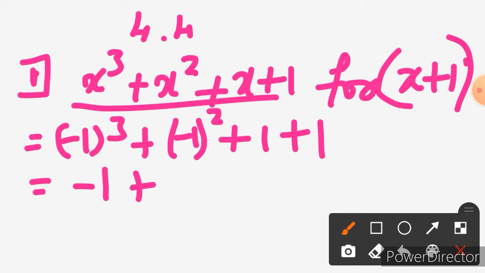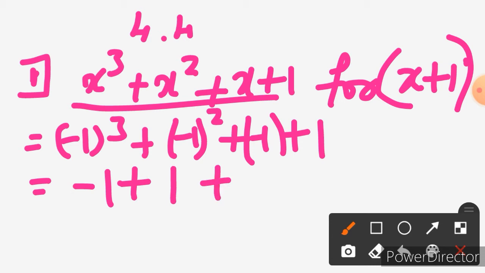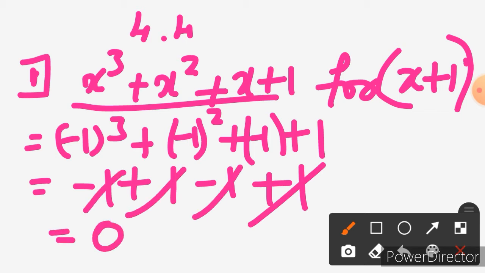Minus 1 whole square is plus 1, since 2 is an even number. Sorry, I forgot to substitute here. It was not plus 1, it was minus 1. So minus 1 plus 1 plus minus 1 plus 1. Everything cancels and we get 0. Since we are getting 0 here, x plus 1 is a factor.